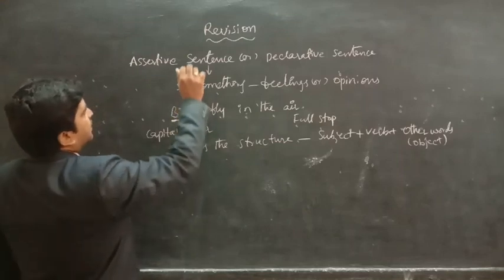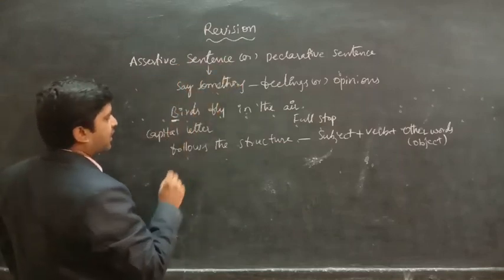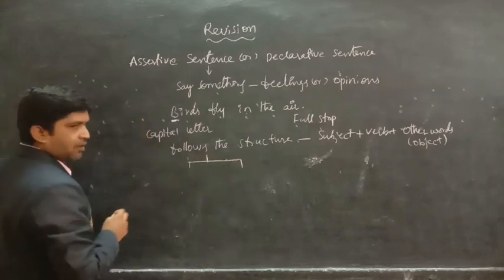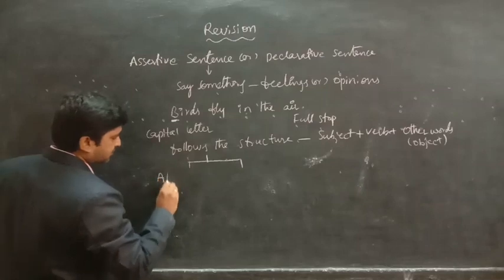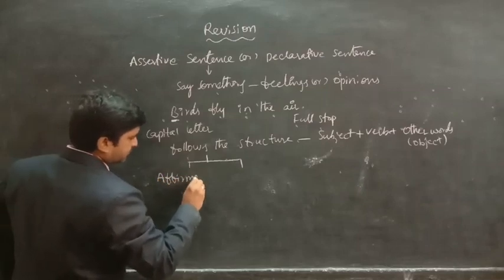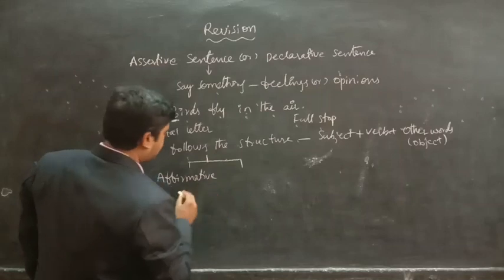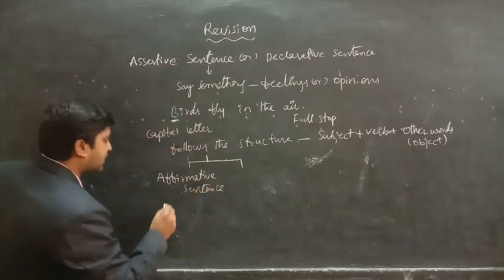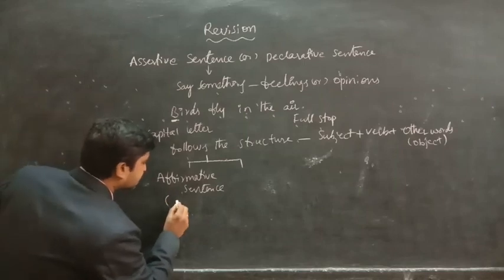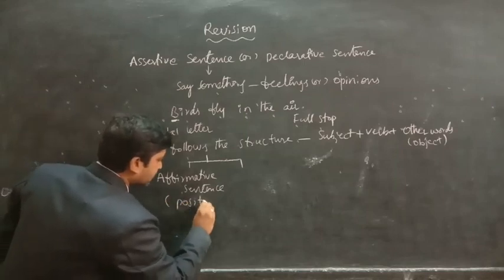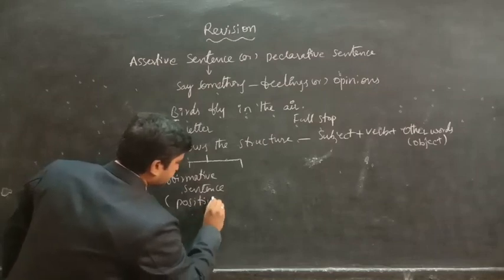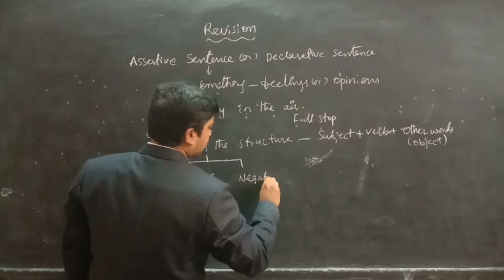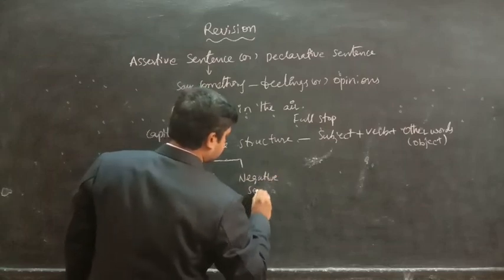And in these assertive sentences we can make two kinds of sentences. One is affirmative sentence. This affirmative sentence is nothing but a positive sentence, and the second one is negative sentence.